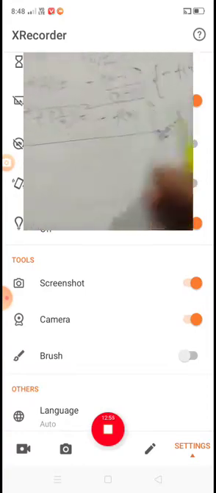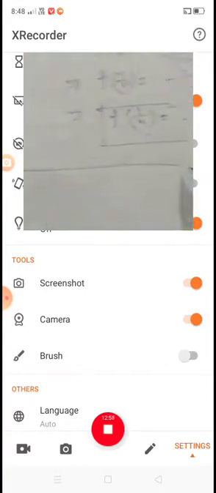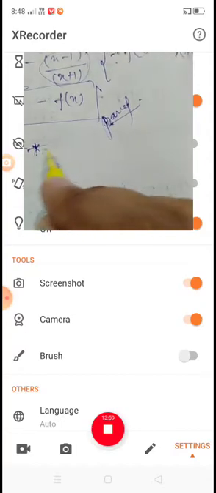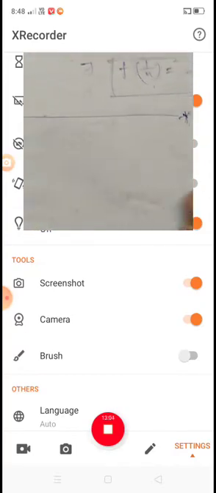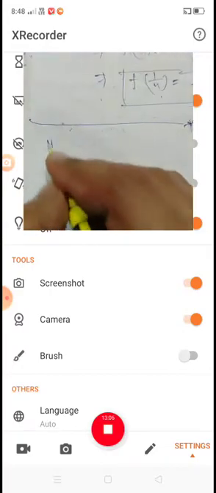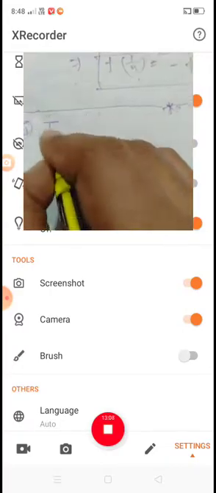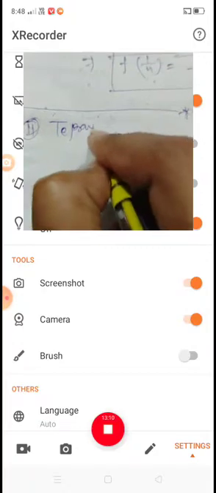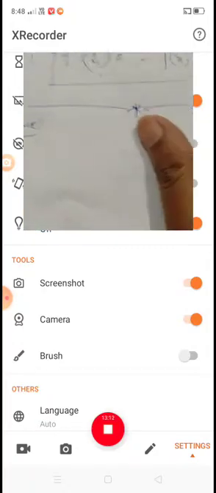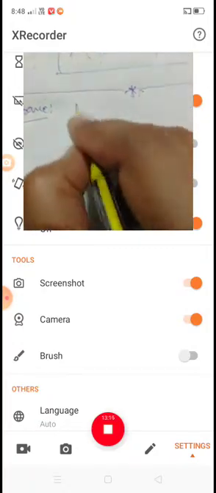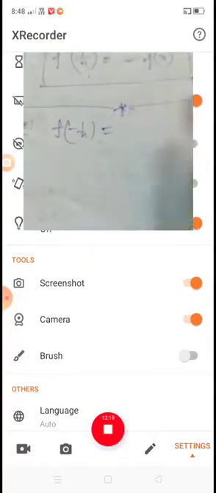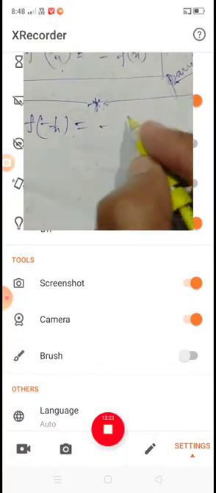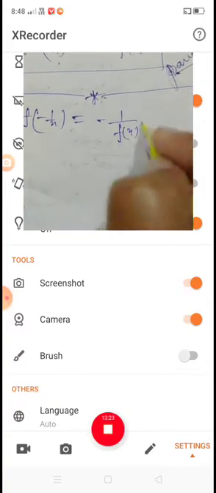Let's see. Take the second point. To prove f of minus 1 upon x is equal to minus 1 upon f of x.